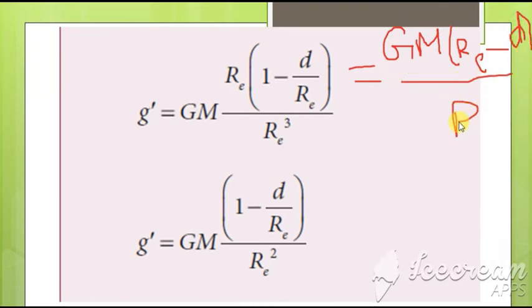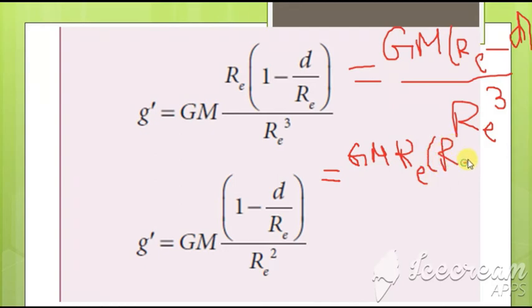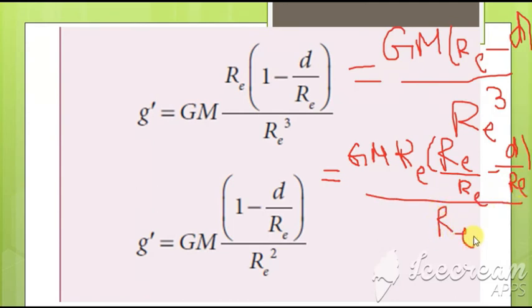is it not? Now in the numerator what we are going to do is multiply and divide by Re. Okay, so each term we are going to multiply and divide by Re. So multiplying by Re, so we have multiplied, then each term we are going to divide by Re, and so we get Re divided by Re minus d divided by Re, then divided by Re cube.